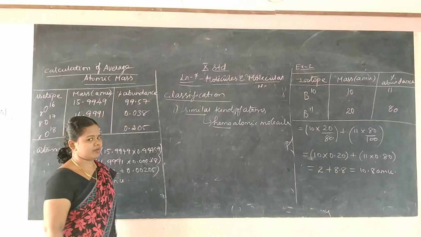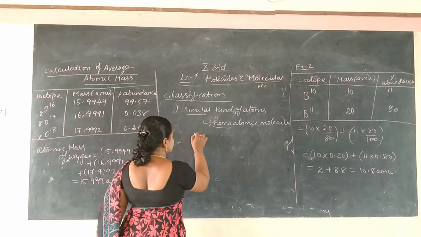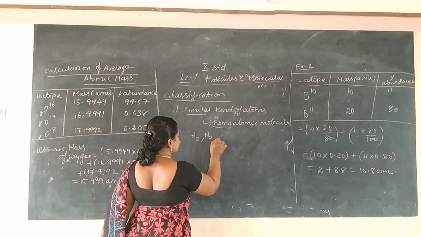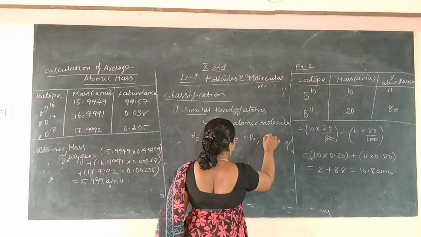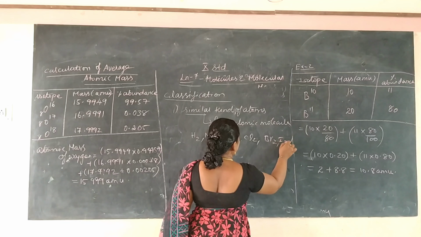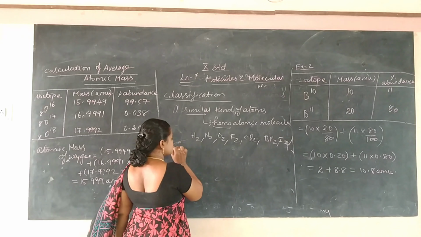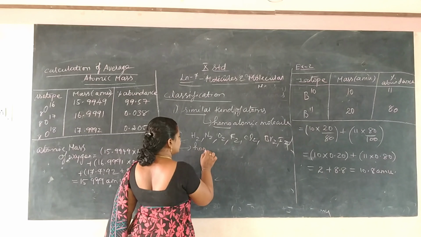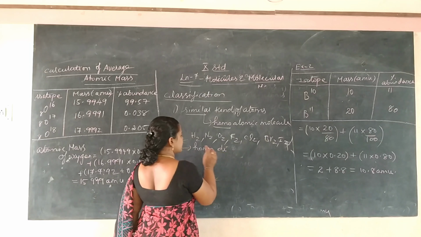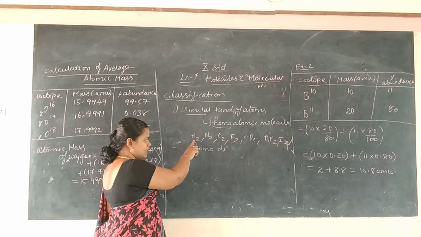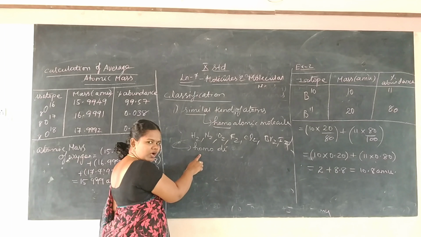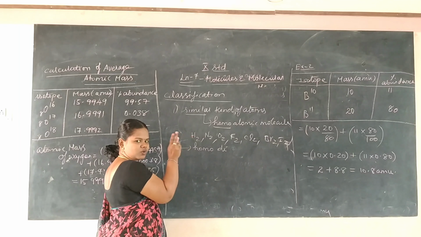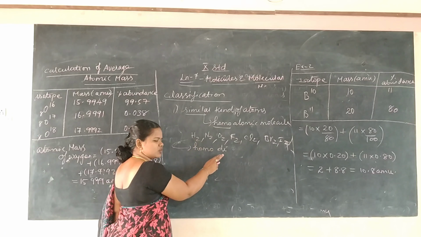Now I will give an example. For example, hydrogen, nitrogen, oxygen, fluorine, chlorine, bromine and iodine are all examples of homodiatomic molecules. In hydrogen, the same kind of atoms are present, so homo, and two atoms are present, so di.